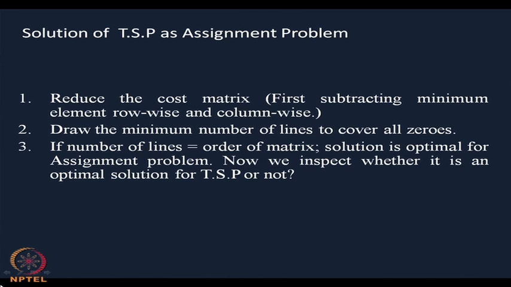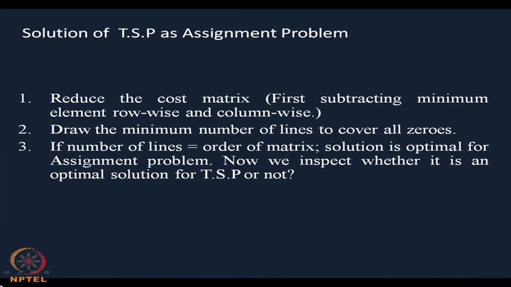For finding the solution of the assignment problem, we use it, that is, first subtract the minimum elements row wise and column wise, that is, find out the row minimum, subtract it from each row, then find the column minimum, subtract it from each column. Then I have to draw a minimum number of lines which will cover all the zeros of that matrix.